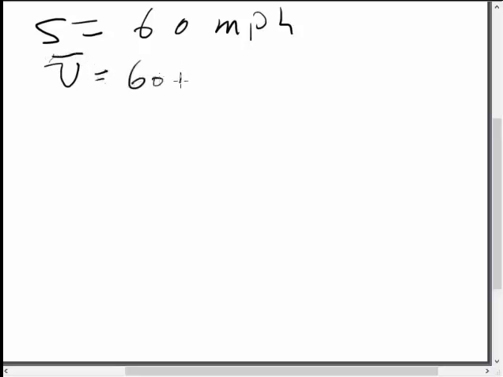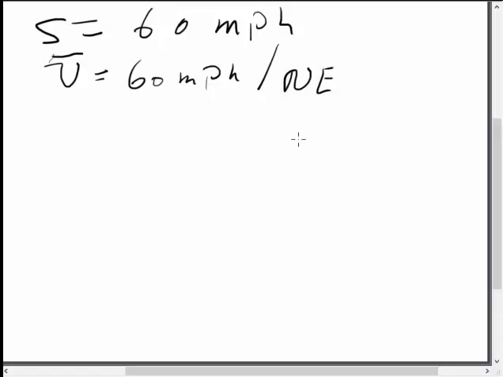So my scalar may very well be my speed. Speed is equal to 60 miles per hour. But my velocity vector, and for vectors we typically put a bar over it, might be 60 miles per hour in the northeast.